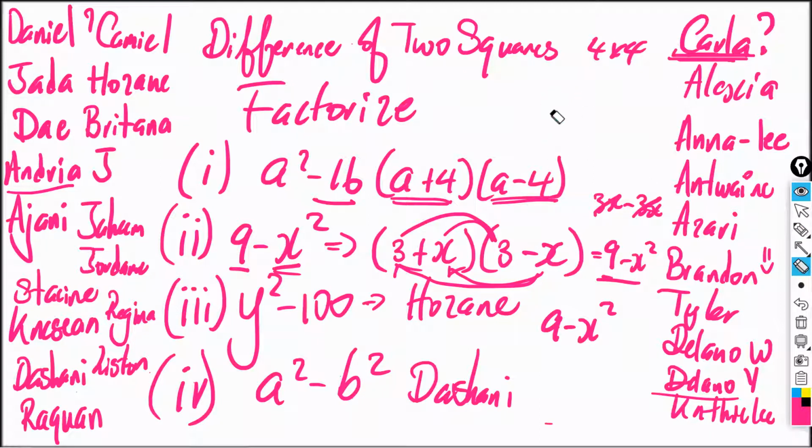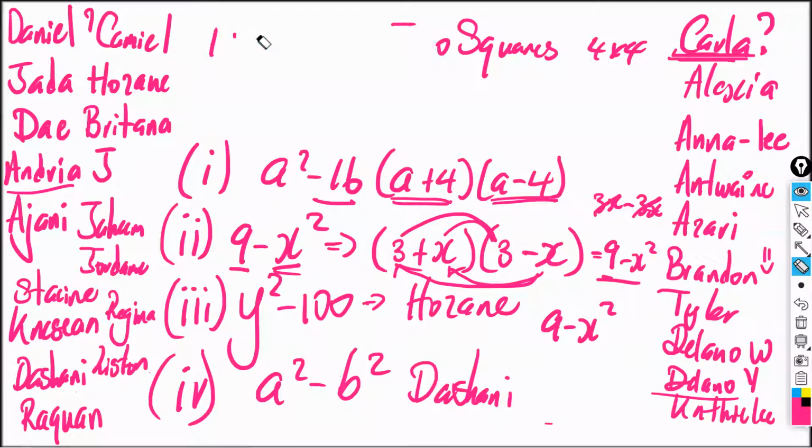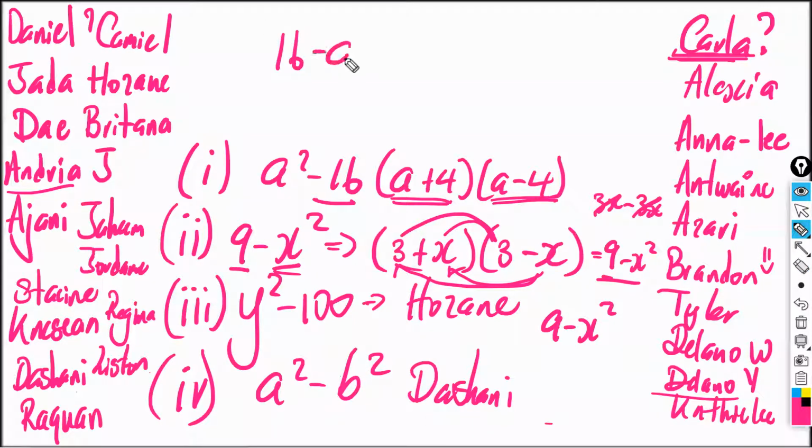You're not hearing me, guys? It's just the opposite, guys. So let me just show you again. Hold on, give me a second, guys. If I had 16 minus a squared, Alexia, you just have to write it the opposite way. 4 minus a times 4 plus a.